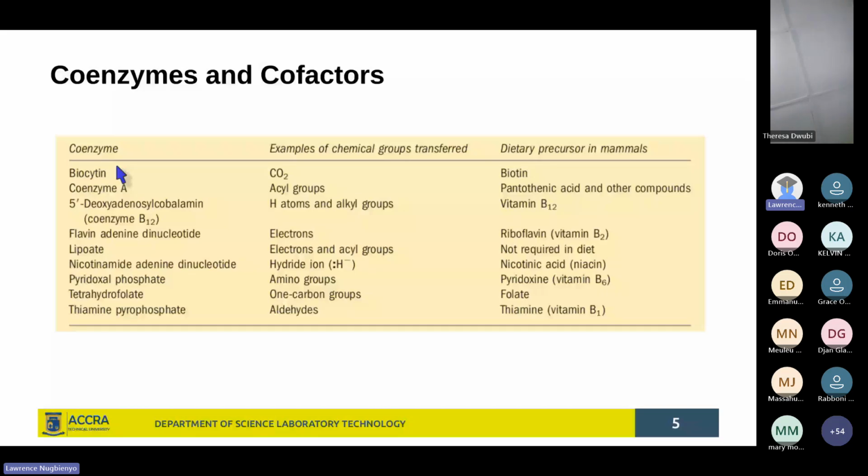So you see the difference, that cofactors are metal ions, but coenzymes are some organic substances. Now we see these coenzymes that are listed here: biocytin, coenzyme A, all the way to thymine pyrophosphate.